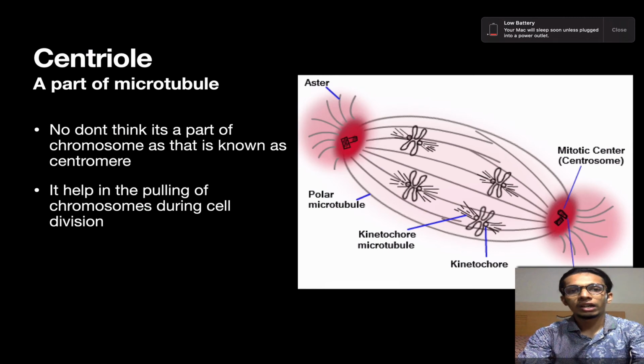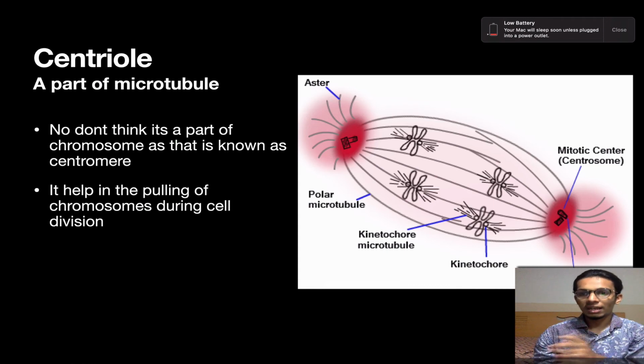Over here we are talking about the centriole. The centriole is a small organelle which helps all the chromosomes go apart during cell division, so that some go into the daughter cell while some stay in the parent cell.